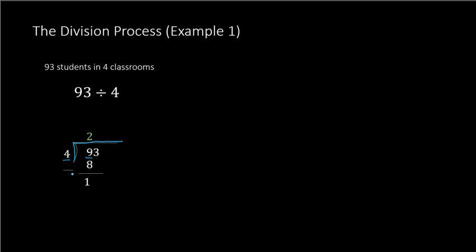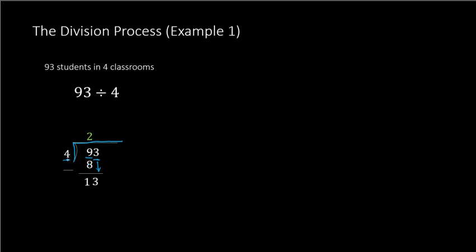That gives you 1. Now before, when there was only 1 digit in the answer, the 1 would be your remainder. But here we also have a 3 that we need to take care of. So this 3 we need to bring down, next to the 1. And then repeat the entire process all over again.